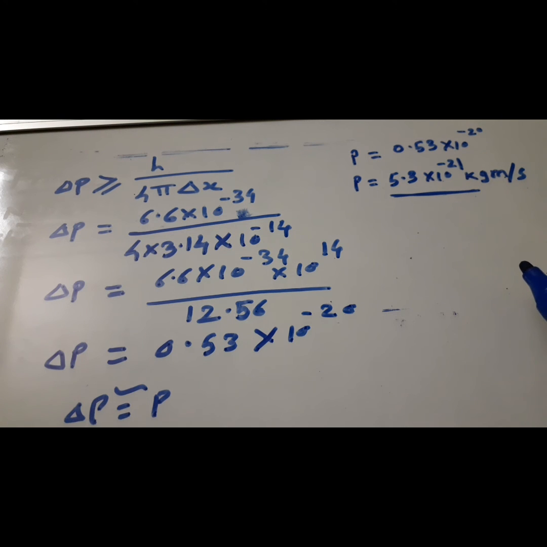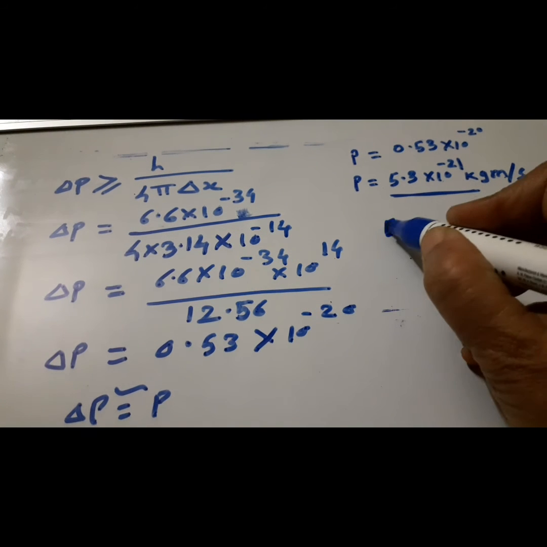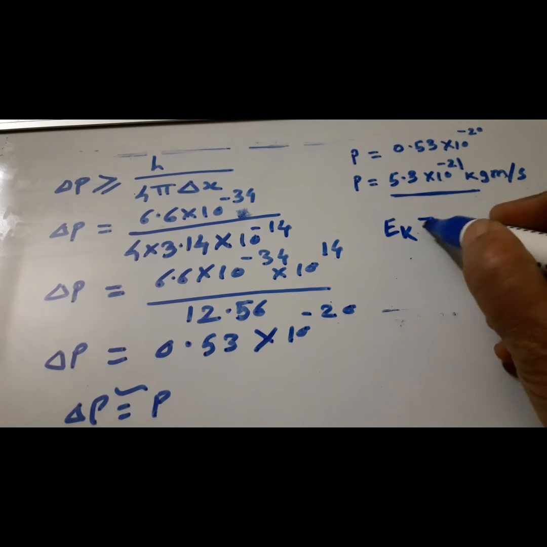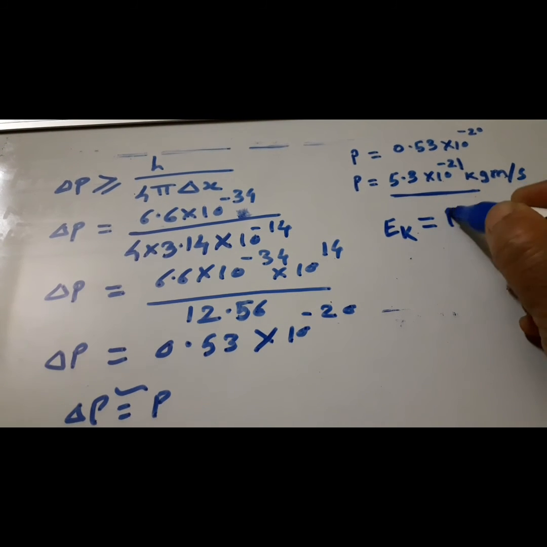But we know that when the electron is in motion, it has kinetic energy, and this kinetic energy Ek can be written as p square divided by 2m.